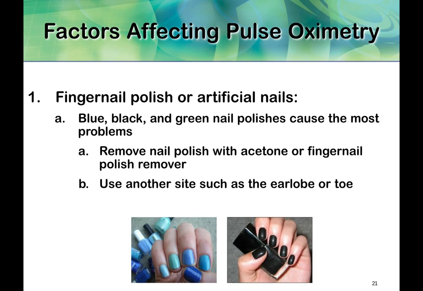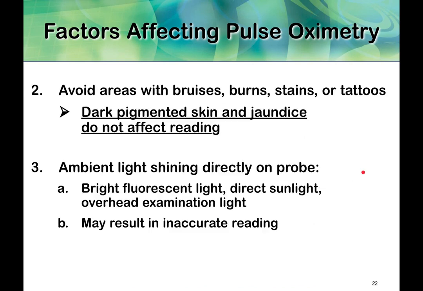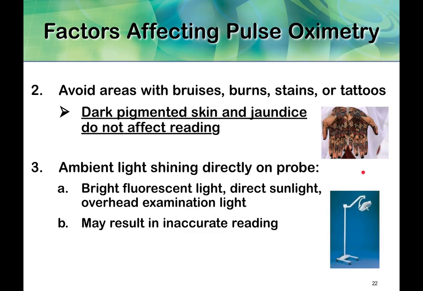I typically don't like to have to do that to patients, so it's better to try and find another site, such as an earlobe or a toe, to measure the pulse ox on. Avoid areas with bruises, burns, stains, or tattoos. Dark pigmented skin and jaundice should not affect the reading.